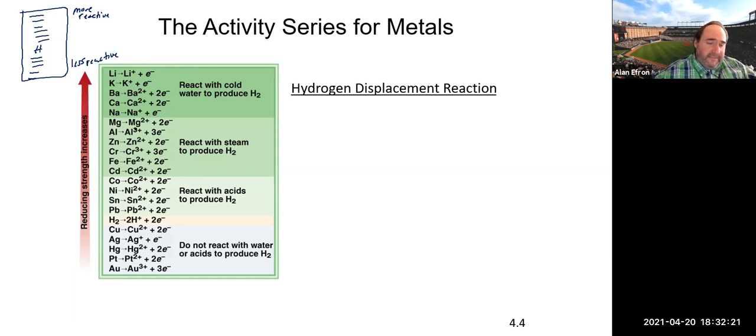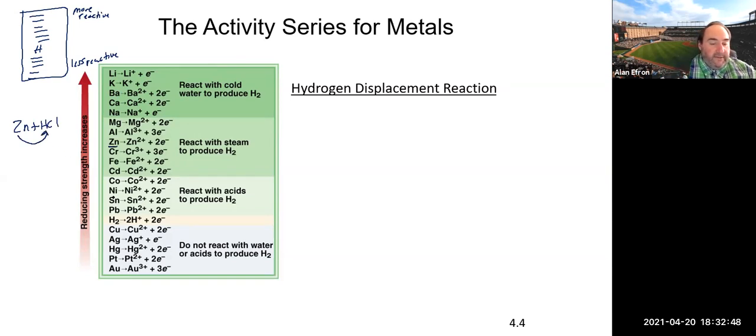So here's a more detailed activity series, but if you just look at the left-hand side, it's like your basic activity series. You've got hydrogen, and then some elements above it and some below it. If you look at something like zinc and hydrochloric acid, we're talking about the zinc trying to replace the hydrogen.